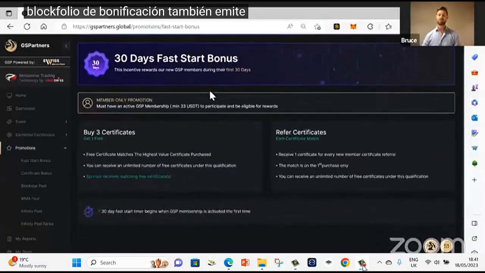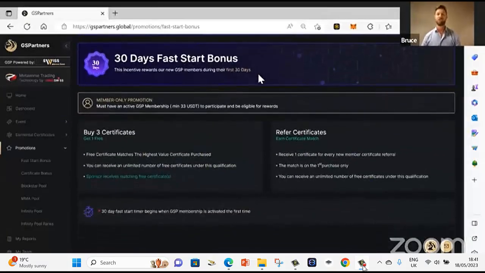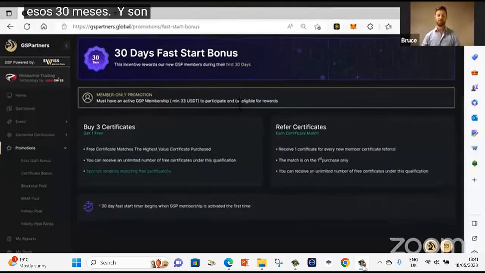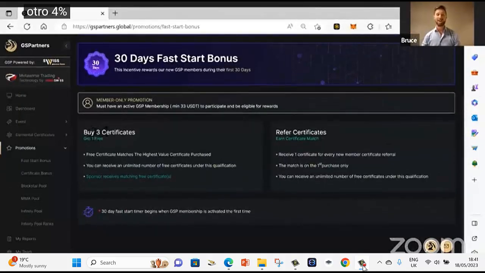The fast start bonus is available for your first 30 days only as an active member, not as a customer, as an active member. When you are in the fast start bonus and you buy 3 certificates for yourself, you get a free certificate too of the highest value. What does that mean?